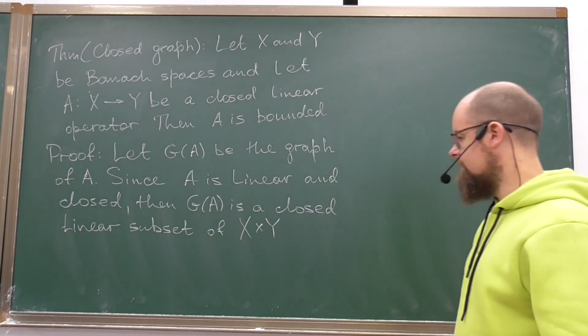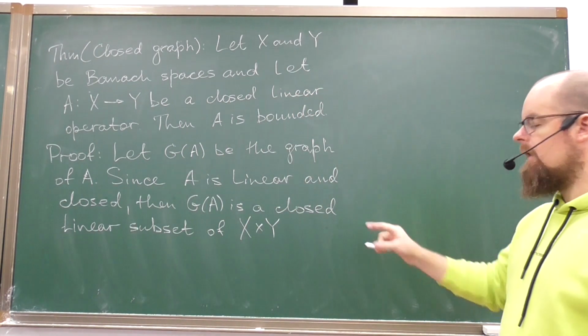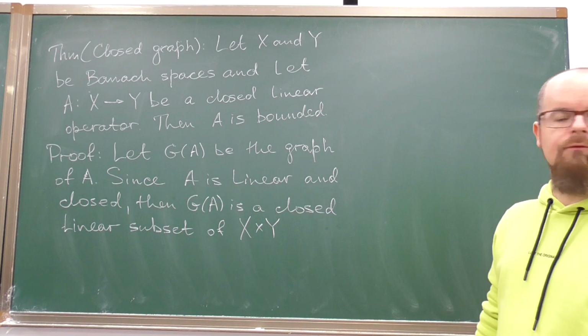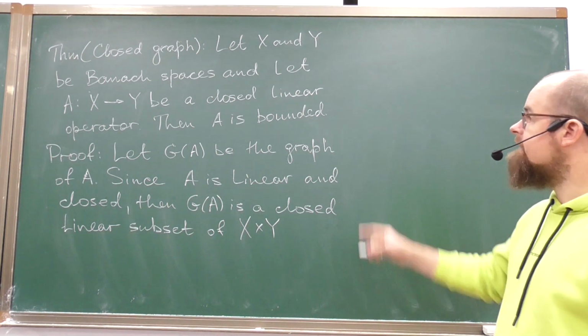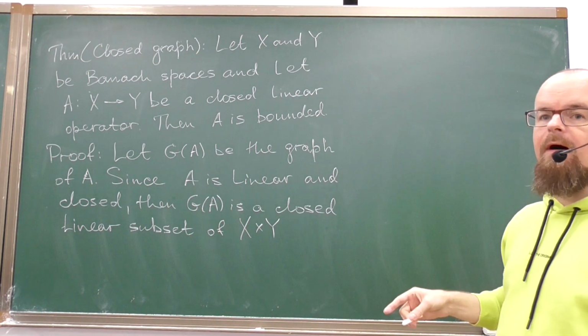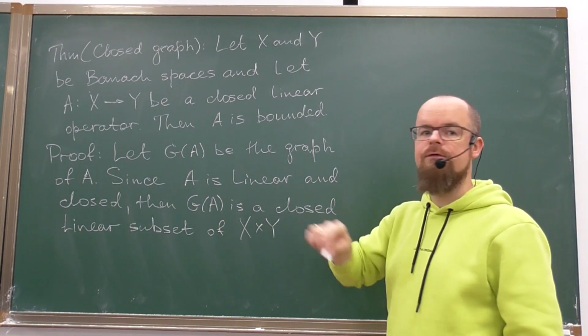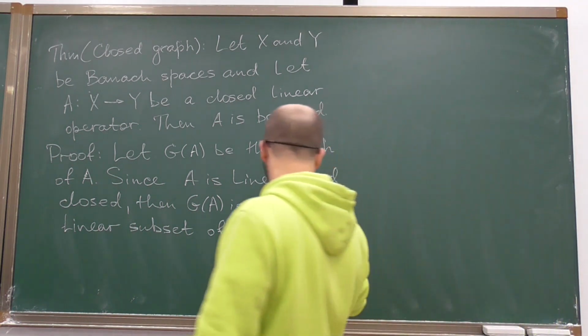It is a closed linear subset of the Cartesian product of X and Y. And since both X and Y are Banach spaces, then so is its Cartesian product.